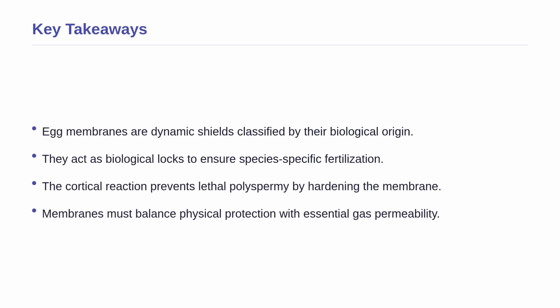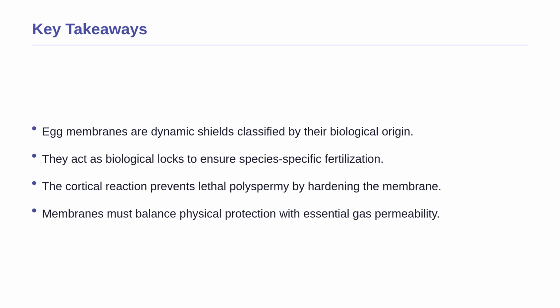We have covered a lot of ground today, so let us summarize the most important ideas. First, egg membranes are not just static walls. They are dynamic, multi-layered shields essential for the survival of the embryo. We learned they are classified into primary, secondary, and tertiary layers based on where they are produced in the mother's body.